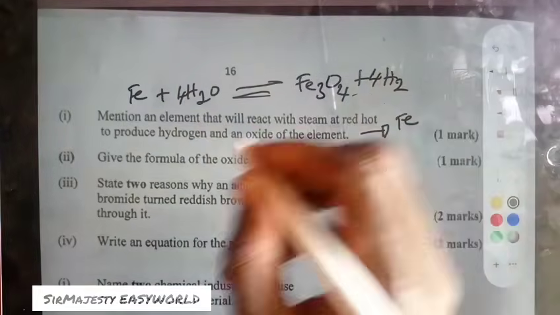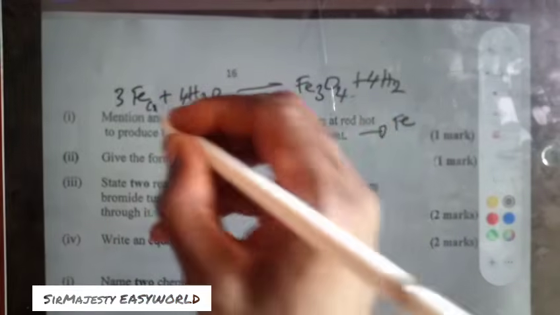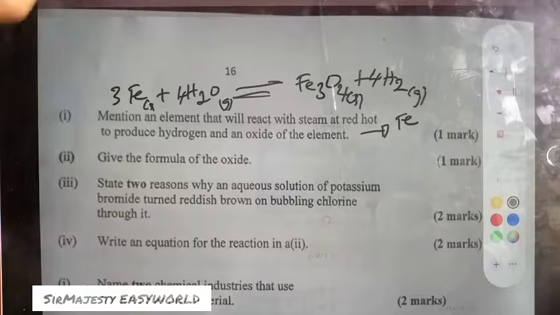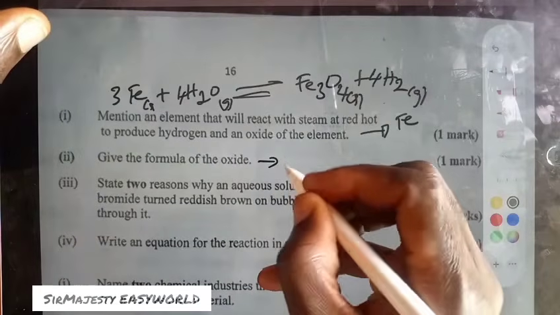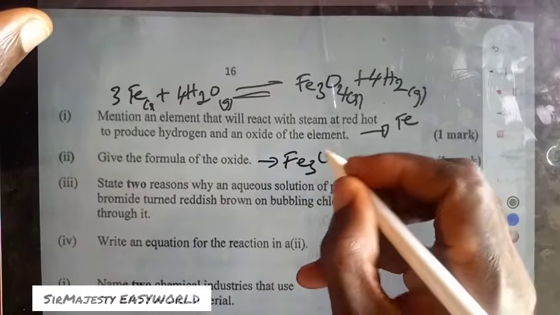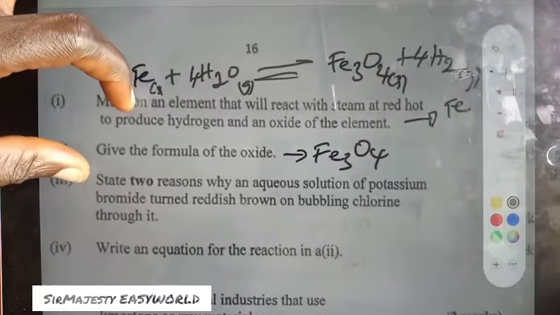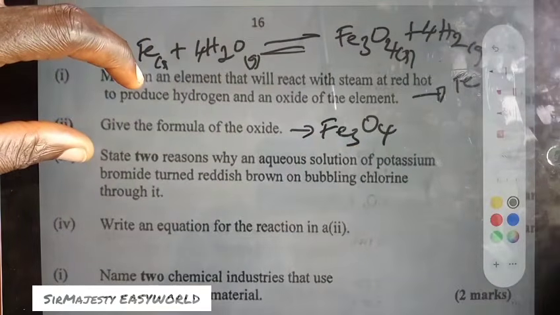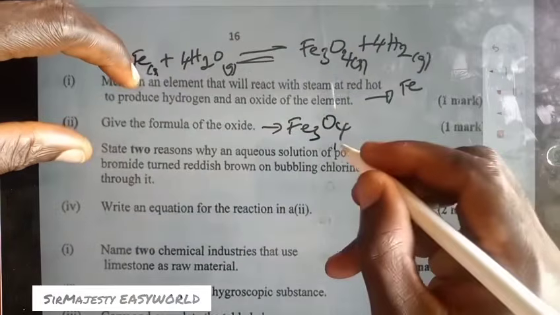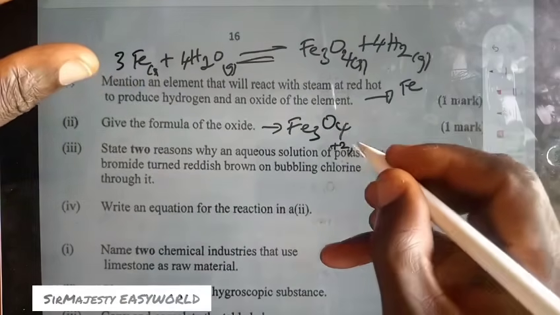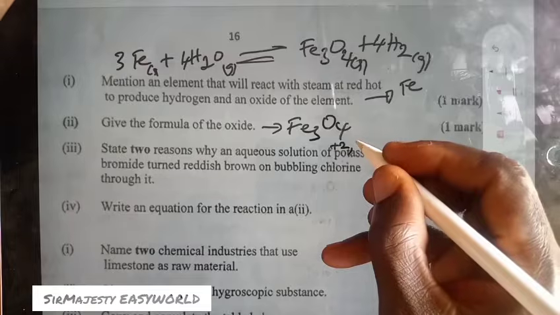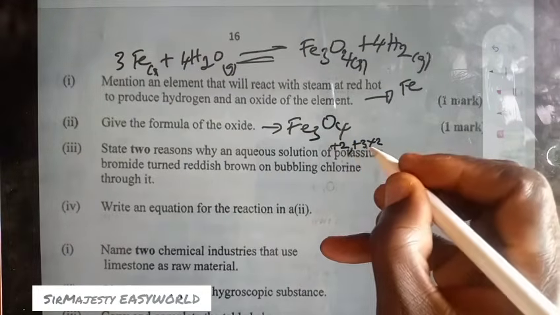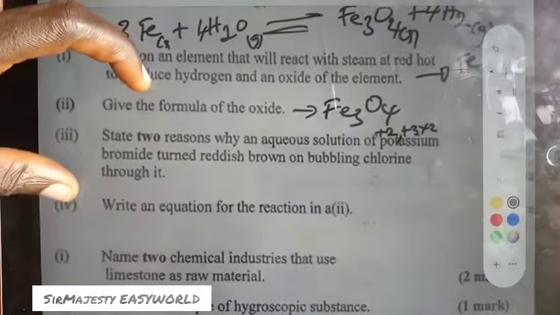Iron is solid, steam is a gas. So the formula of the oxide is Fe3O4. IUPAC name: iron(II) diiron(III) oxide, which means out of these 3 atoms of iron, one exhibits oxidation state of +2, then the 2 remaining exhibit +3, so +2 plus 3 times 2 gives you +8, which balances off with the -8 here.